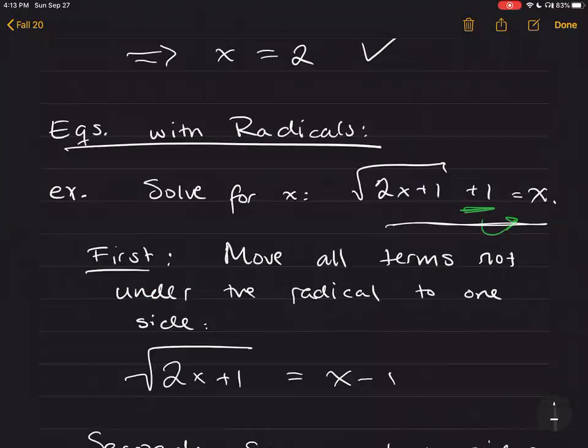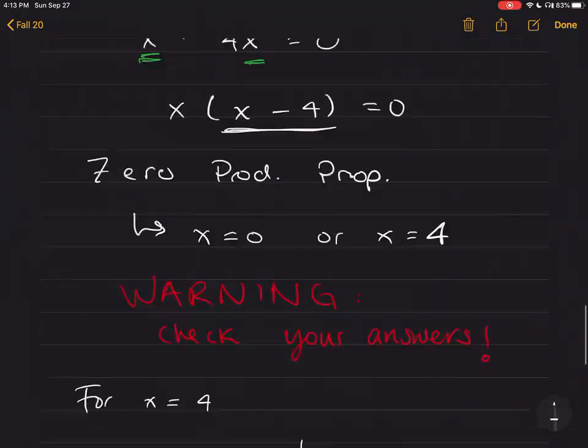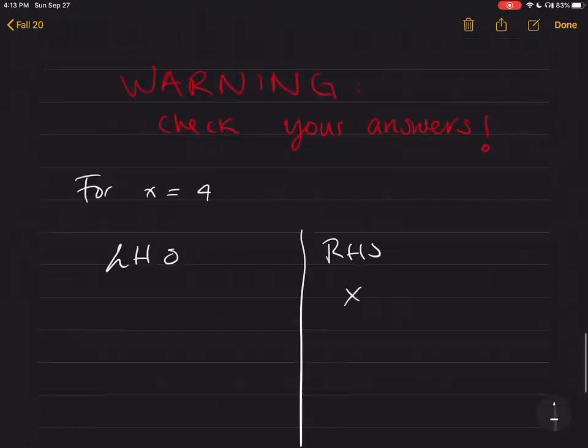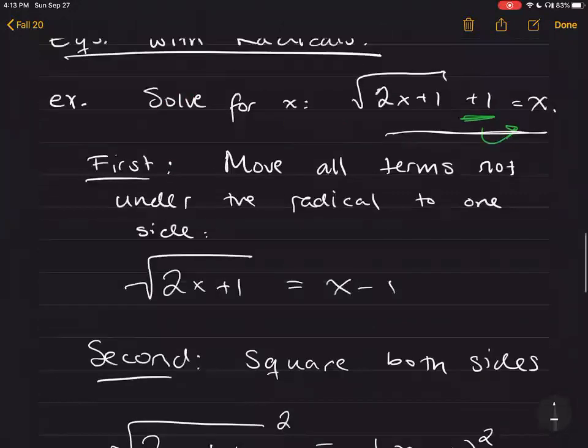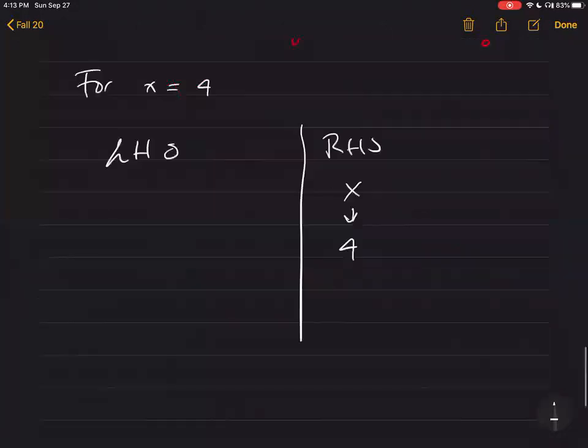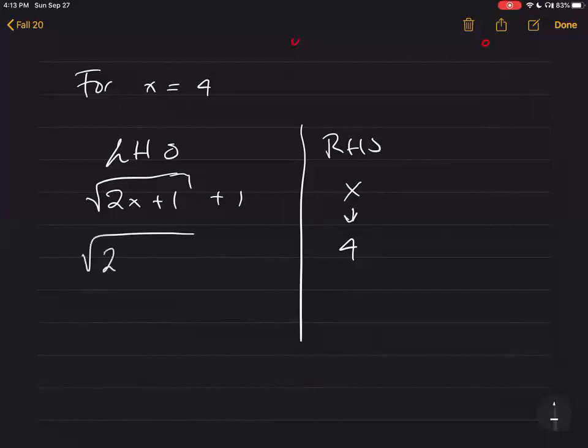So if we plug in 4 for x on the right-hand side, this is just x, so that goes to 4. And on the left-hand side, we've got this mess. It starts with square root of 2x plus 1 on the outside, plus 1. So we plug in 4 for x, we get the square root of 2 times 4 plus 1, plus 1.